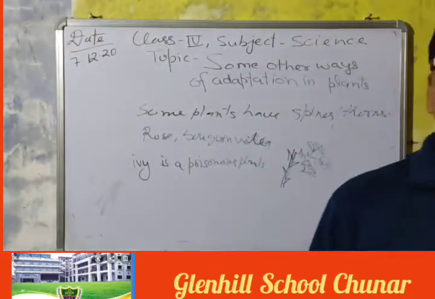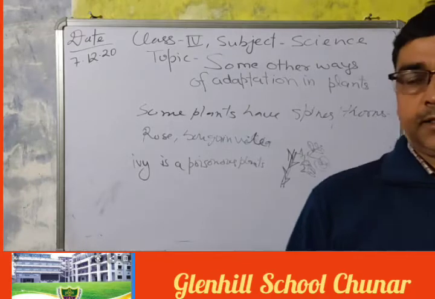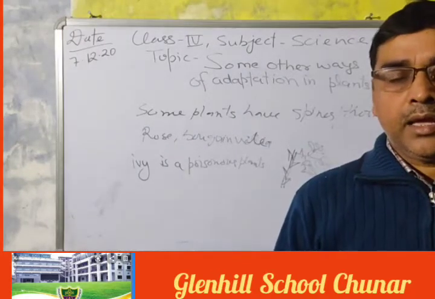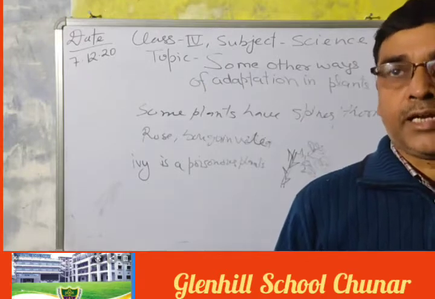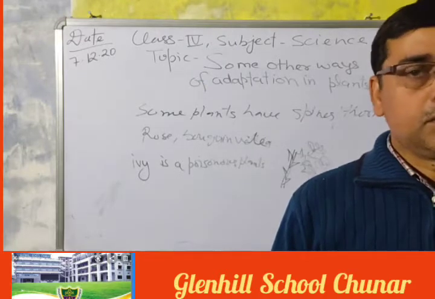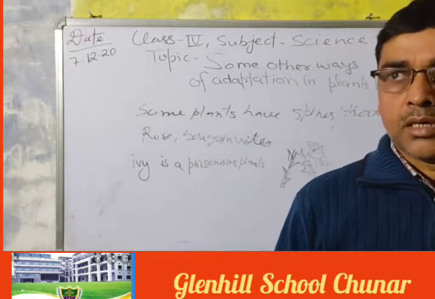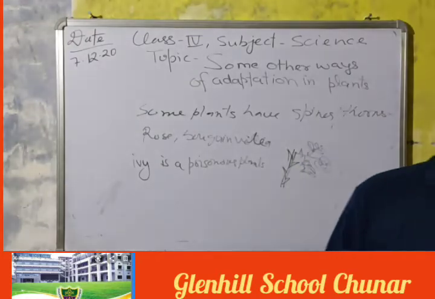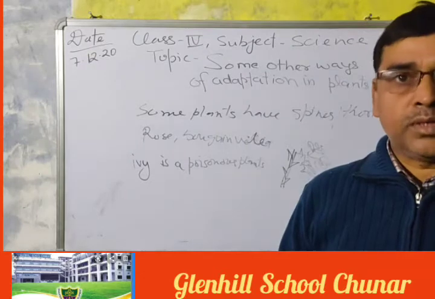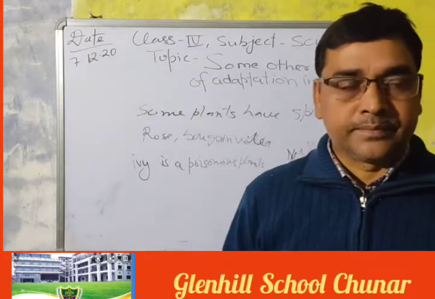And some plants are insectivorous plants. They get their nutrients from insects, because these plants are generally found in marshy areas where there is no nitrogen available in their soil.